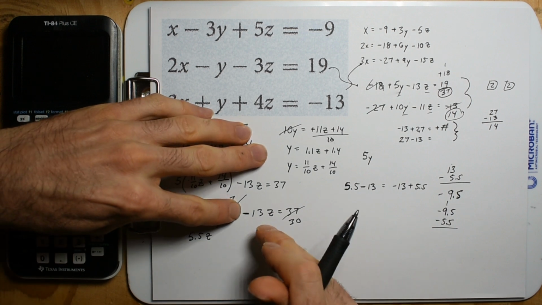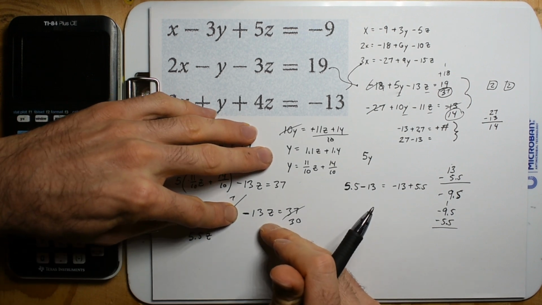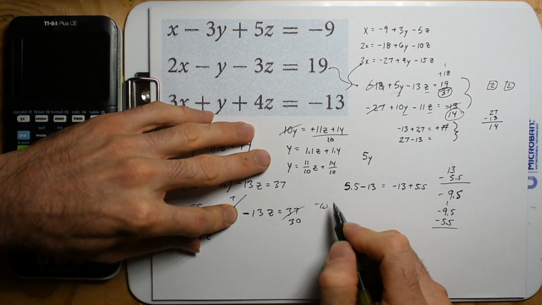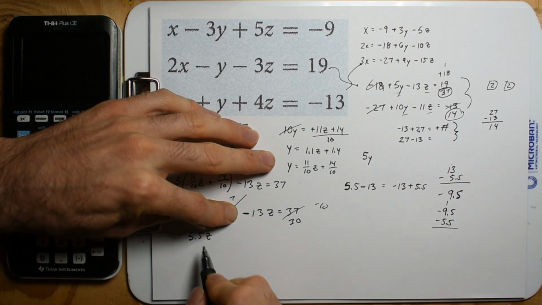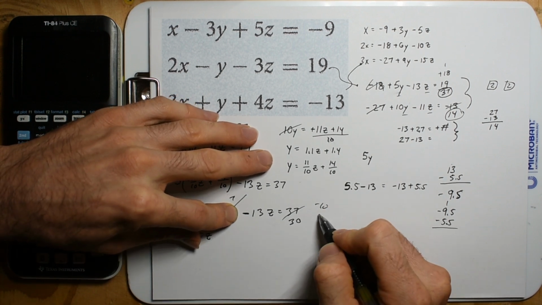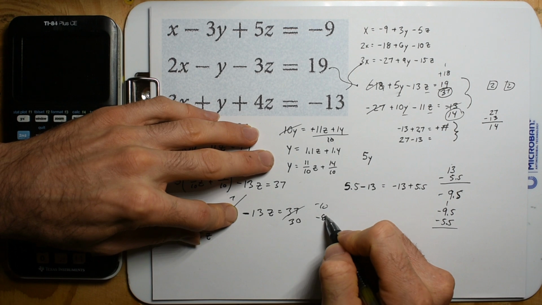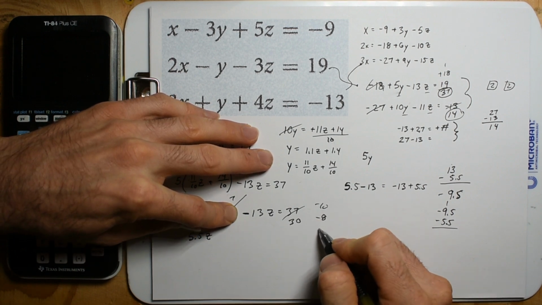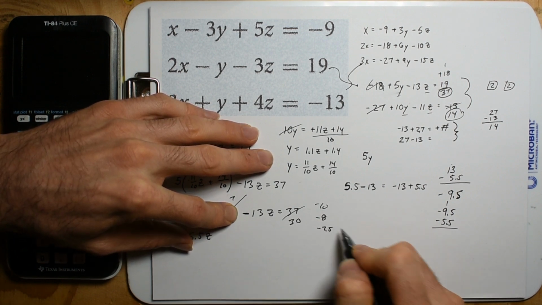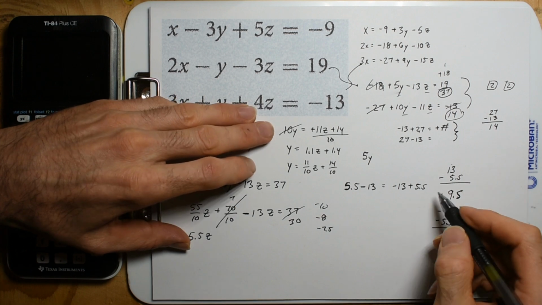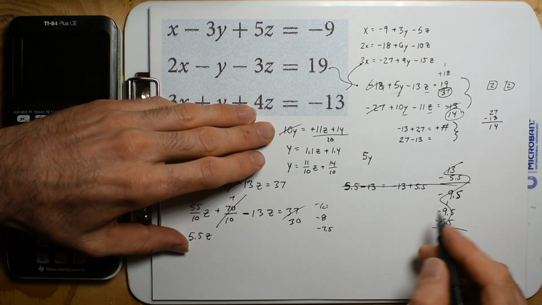So if I did negative 13 plus 3, that would be negative 10. And then negative 13 plus another 2, that would be negative 8. And then negative 13 plus another half, that would be negative 7.5. So I was off there. None of that stuff worked.